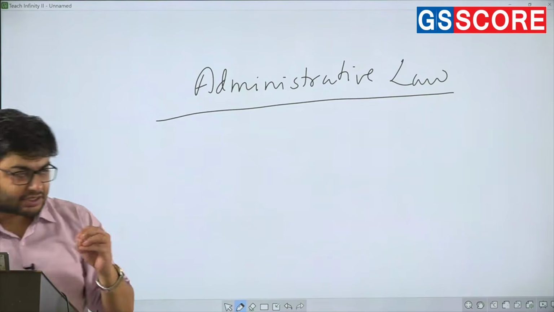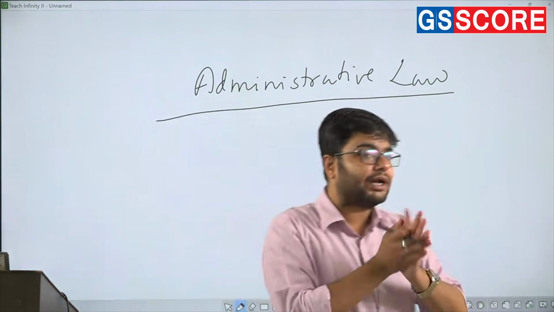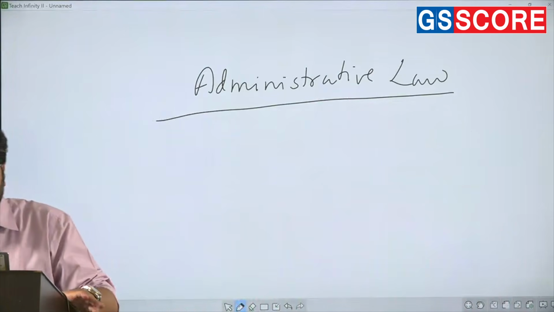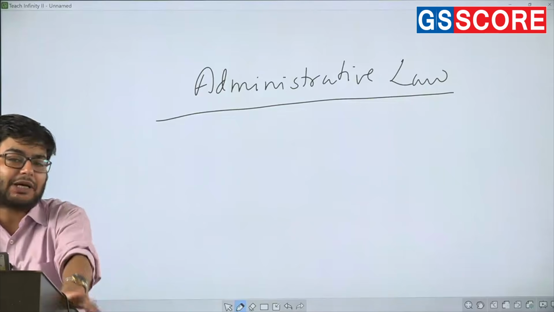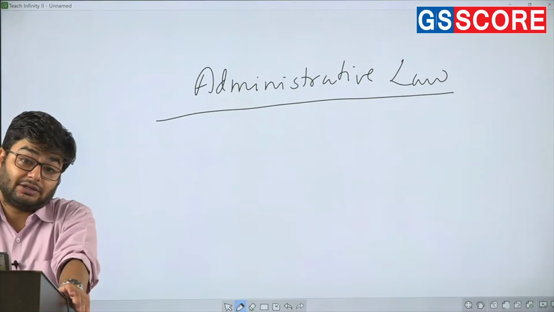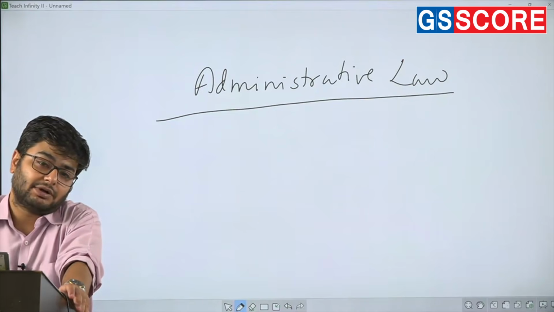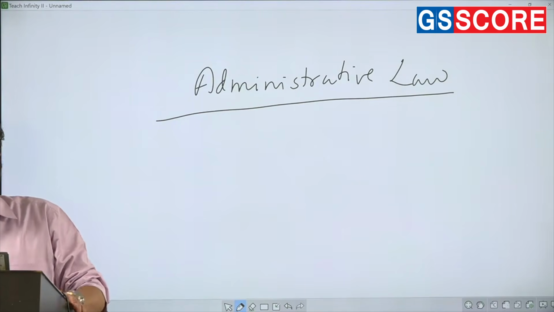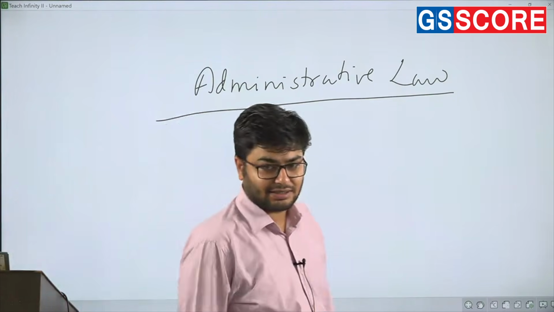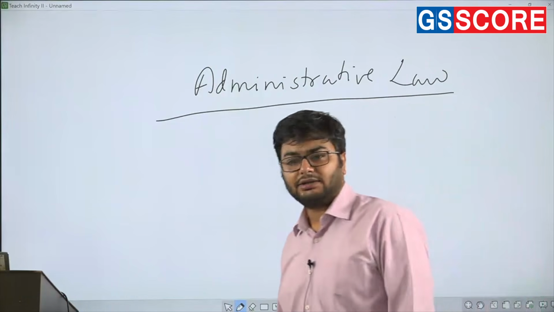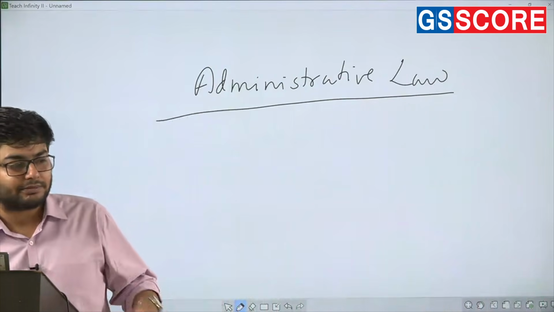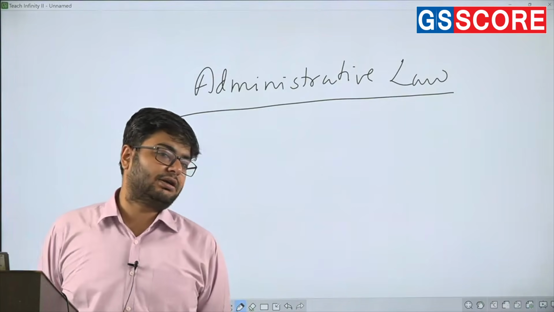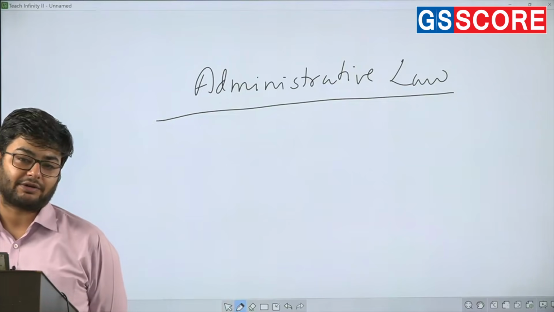So when you look at Davis, Davis is actually viewing it from the American lens, which is actually emphasizing the procedural aspects of administrative bodies, unlike the UK, which does not emphasize the procedural aspects that much. You must have read Ivor Jennings, it is given here and there in Laxmikant as well. His approach highlights the British perspective.